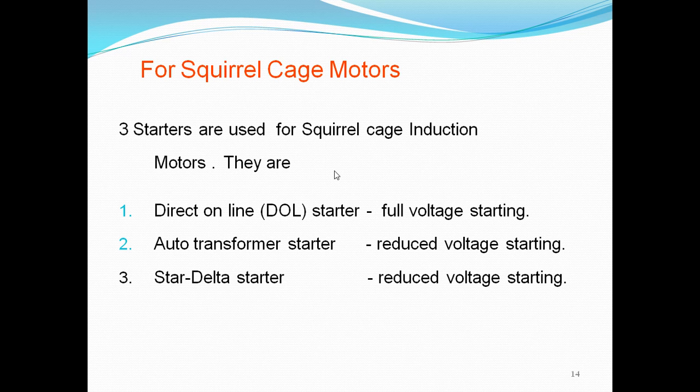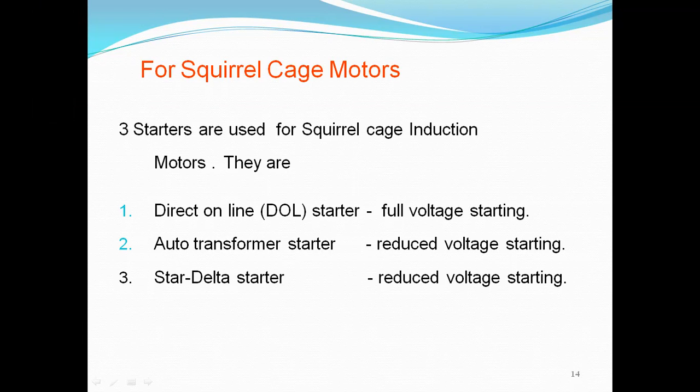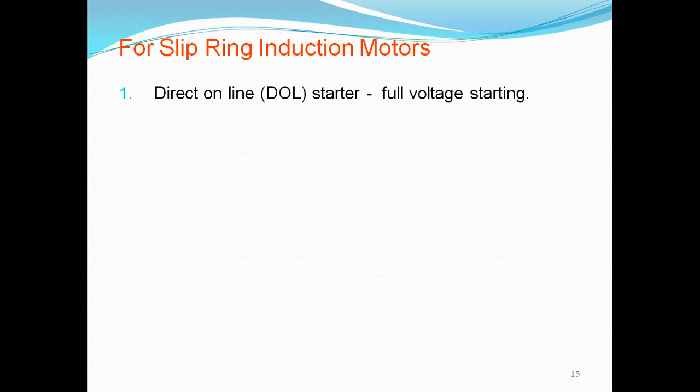The next one is the star delta starter. In this case also, reduced voltage is applied to start the motor. So what happens at the time of starting? When I apply reduced voltage, automatically the starting current also reduces.